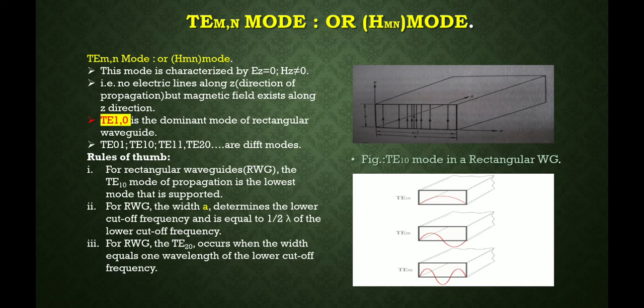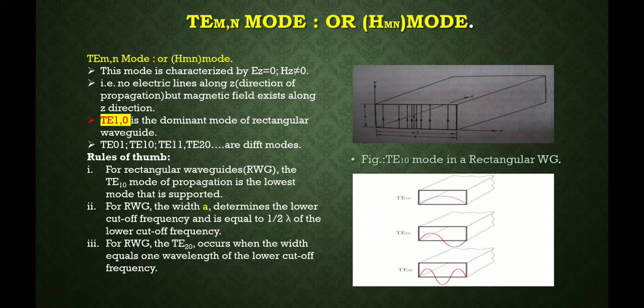This mode is characterized by Ez equal to 0, Hz not equal to 0. That means no electric lines of field along Z direction. Z is the direction of propagation, but magnetic field exists along Z direction which conveys the information.